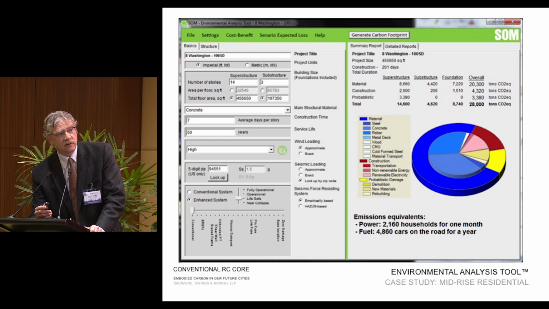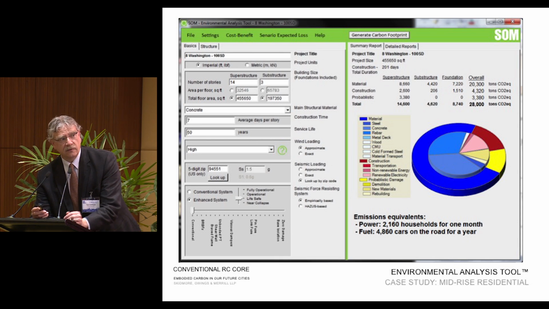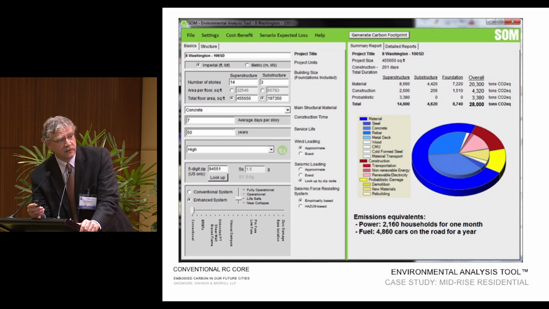So if you look at that chart on the right, there are a lot of numbers on the screen here. If you look at the chart on the right, this is the initial case with the building with a conventional design. Reinforced concrete core, flat slabs, and you can see that there's a target amount of carbon for this structure. And look at the yellow band.